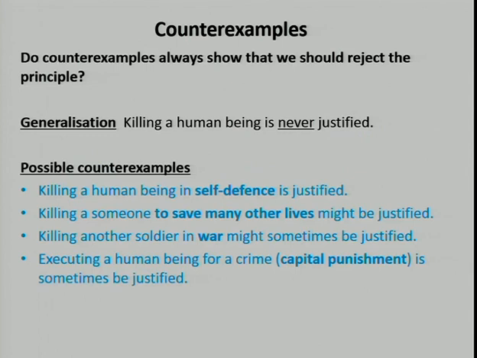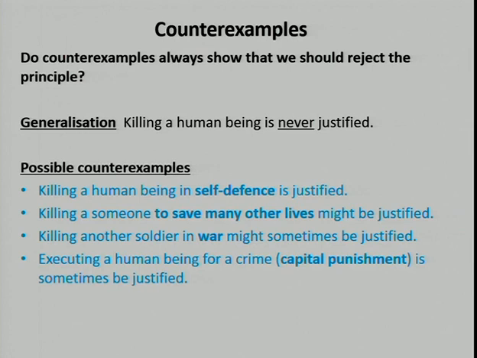Do they always show that we should reject the principle? So this was the easy version of strategy one. And as always, there's going to be a murky reading for strategy one as well, right? The murky reading is the interesting reading, that's always what I'm going to say. Where it gets messy is where it gets more interesting and more difficult, and that's where you start thinking about maybe even saving the general principle by introducing exceptions or qualifications.